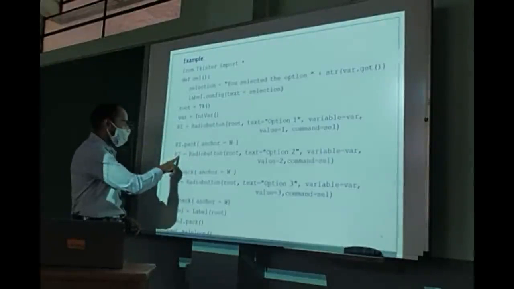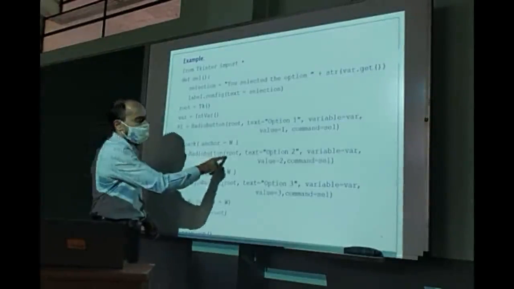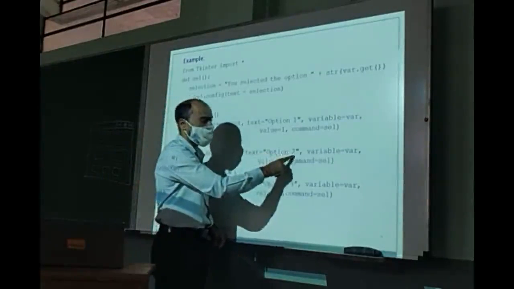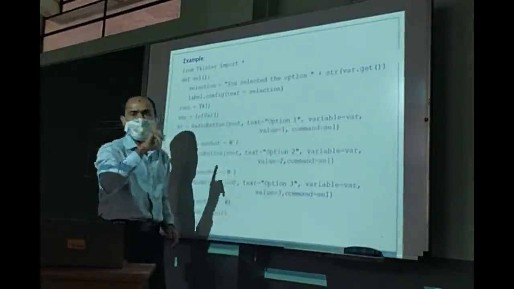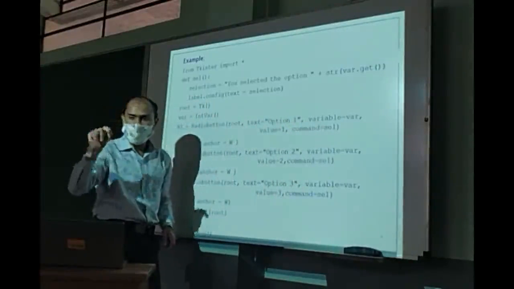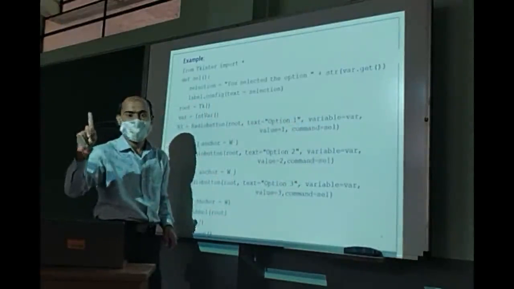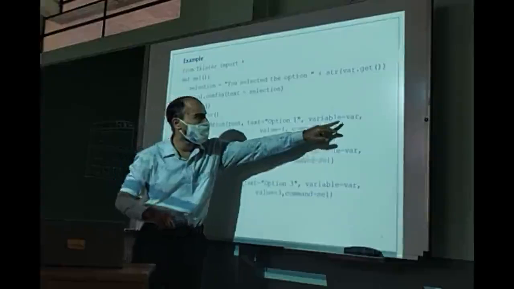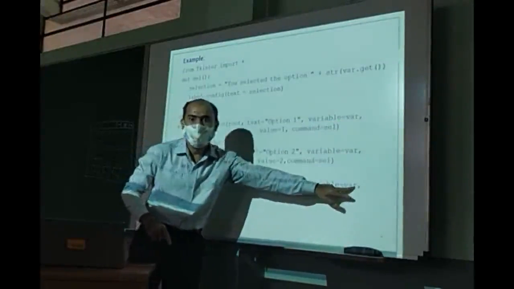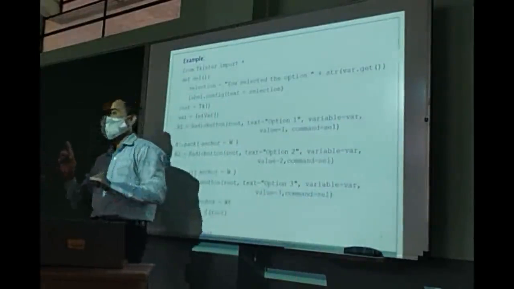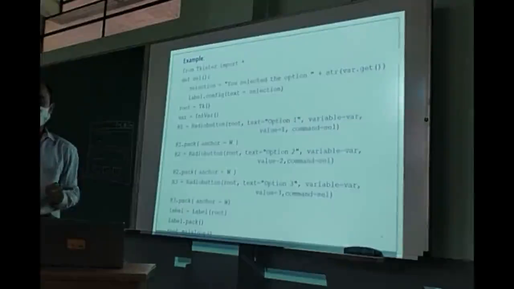Then R2 radio button, again text option 2, variable equals to var. As I said, in case of radio buttons, all the radio buttons in the group have the same variable. That is the reason all of them have var. All of them have the same variable associated with them.